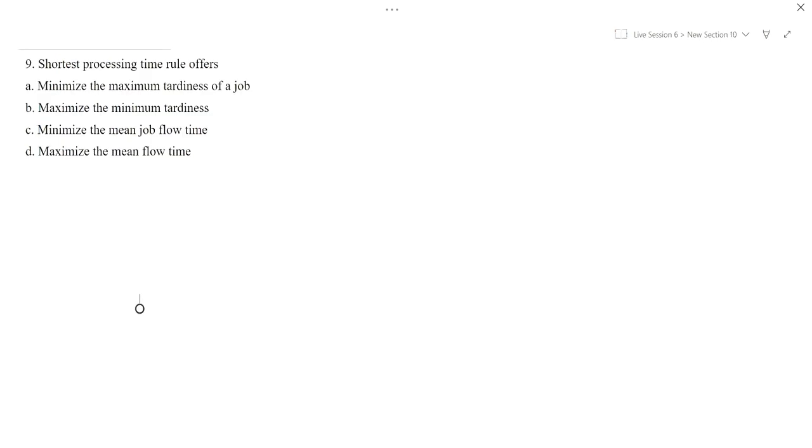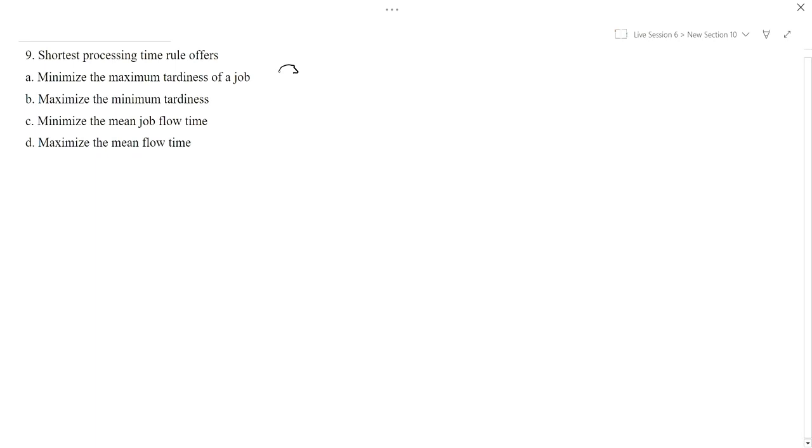Shortest processing time rule offers which of the following? The correct option is shortest processing time means, as per the name, topmost priority is given to the job which is having the minimum processing time.